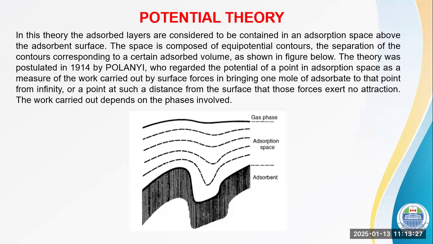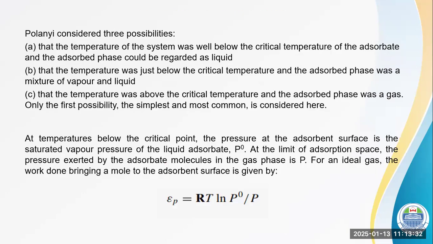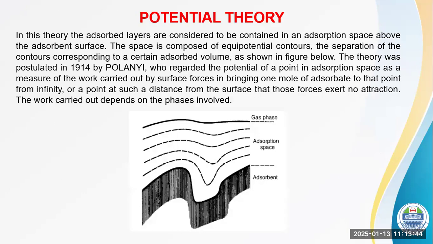If the temperature of the system is below the critical temperature of the adsorbate, the adsorbed phase is regarded as a liquid. The adsorbed phase that you have here in between behaves as a liquid.